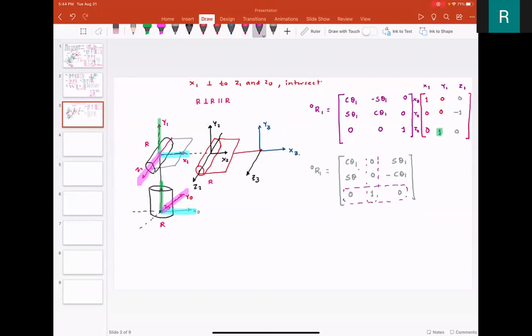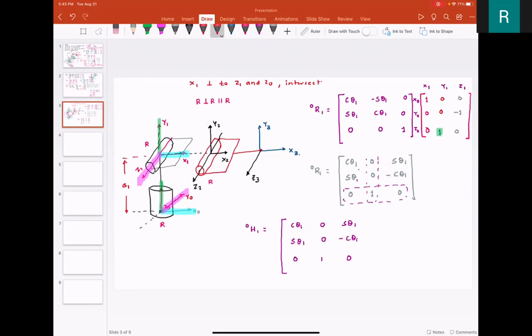Now, this would be a perfect time to write the homogeneous transformation. Cosine theta 1, 0, sine theta 1; sine theta 1, 0, minus cosine theta 1; 0, 1, 0. And I'm going to start. I didn't give you any distances, but I will now in just a second. This is A1.